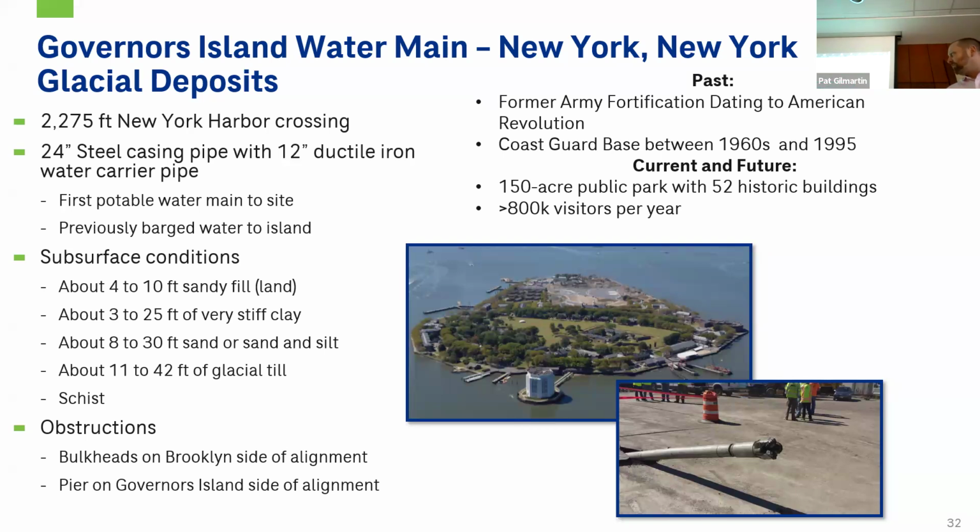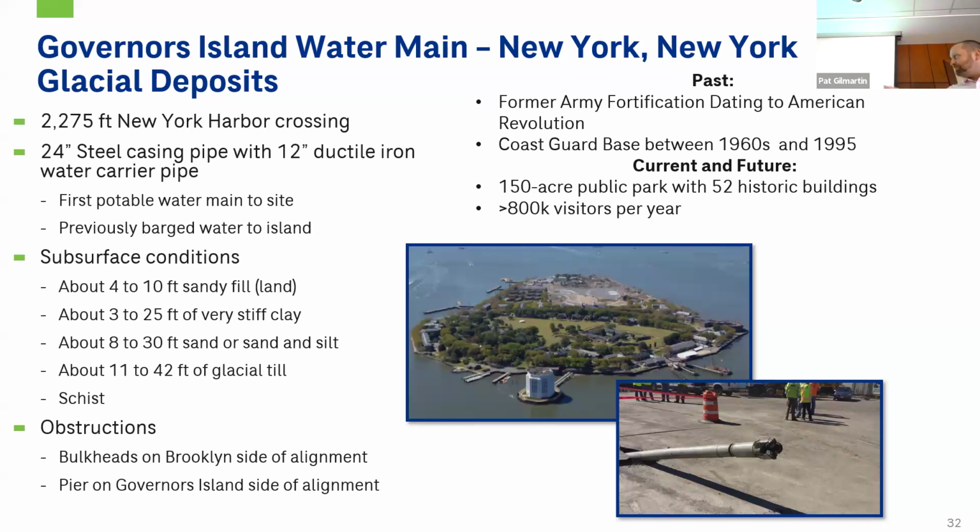It has 52 historic buildings from the various fortifications and Coast Guard base that they've maintained as historic features. I believe it's now over 1 million visitors per year who come to this park. But at the time, the park did not have any potable water, so they were barging in water to serve the public.